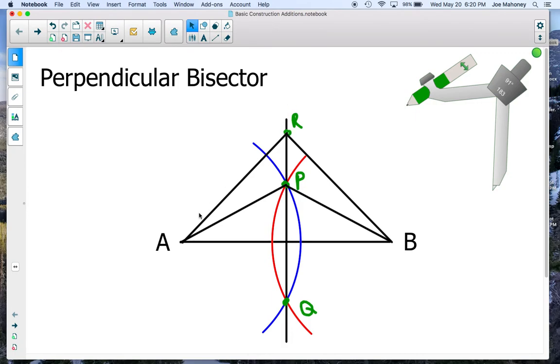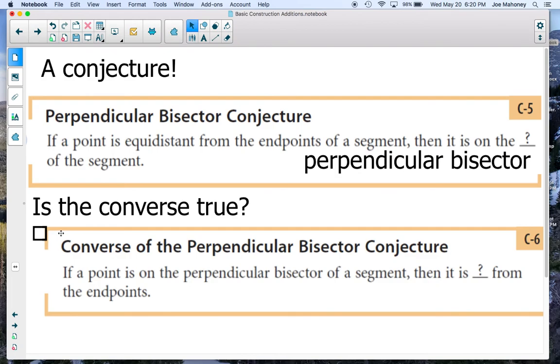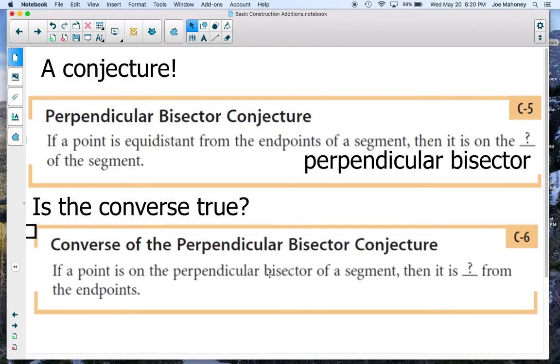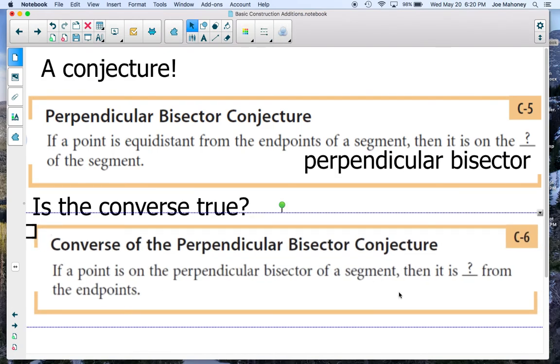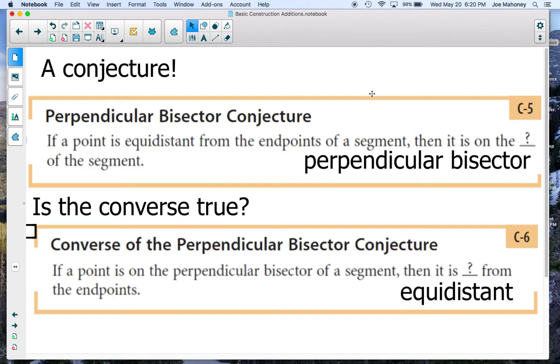So the distance from R to A is the same as the distance from R to B. So the converse is true. We'll drag that baby out there. So if a point is on the perpendicular bisector, it is equidistant from the endpoints.